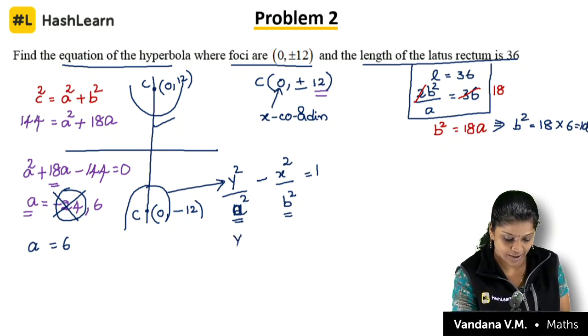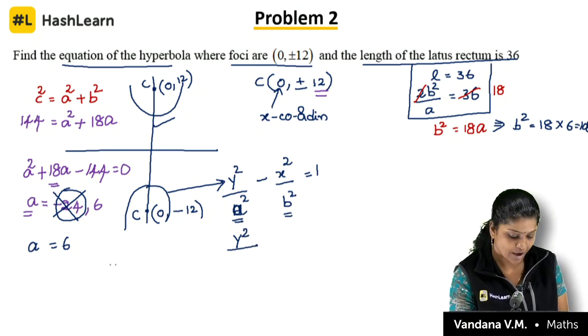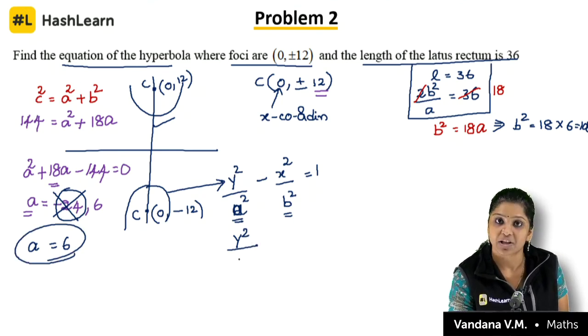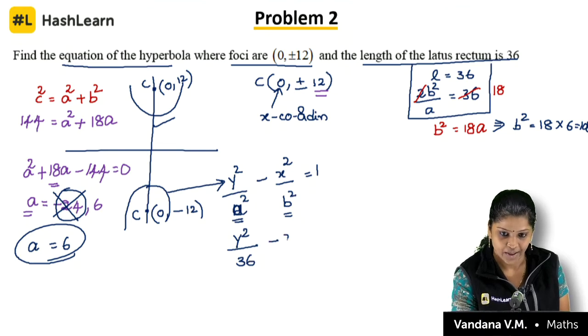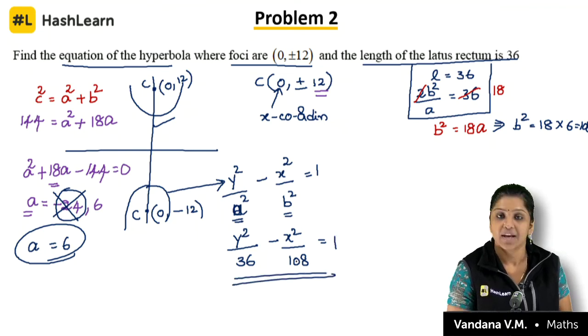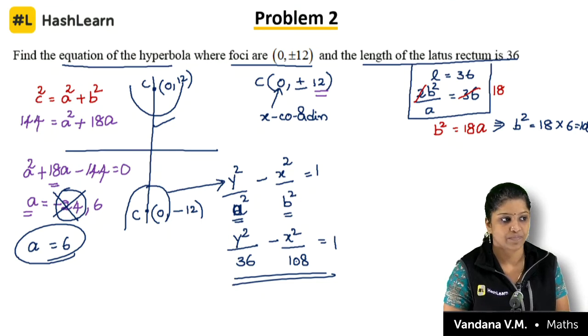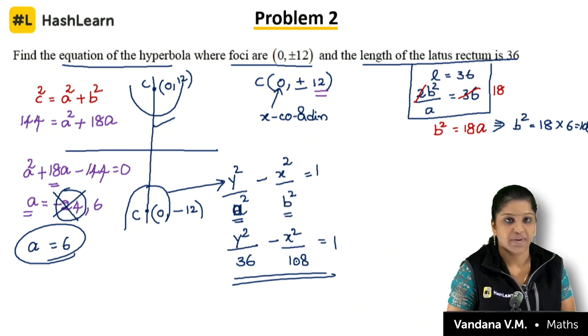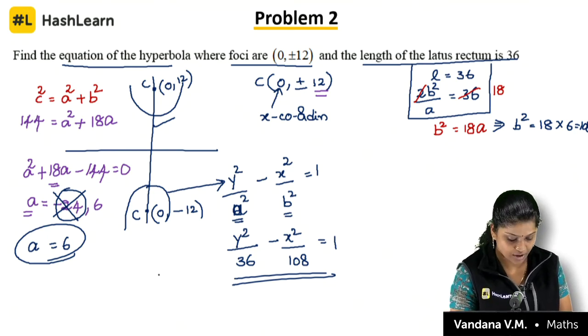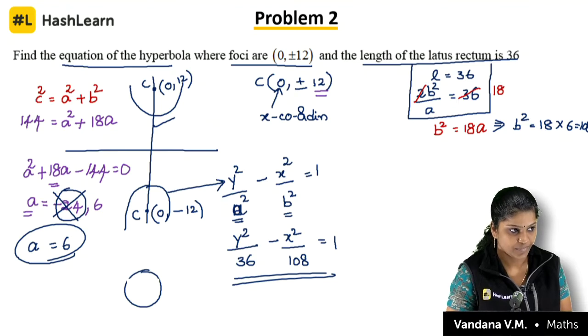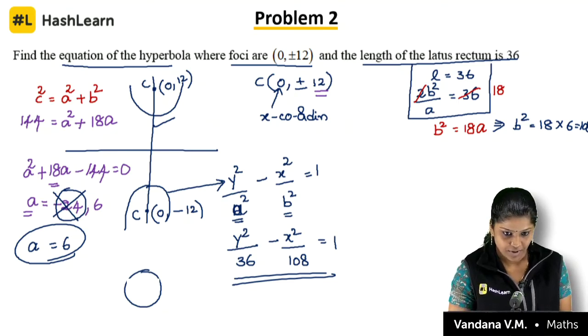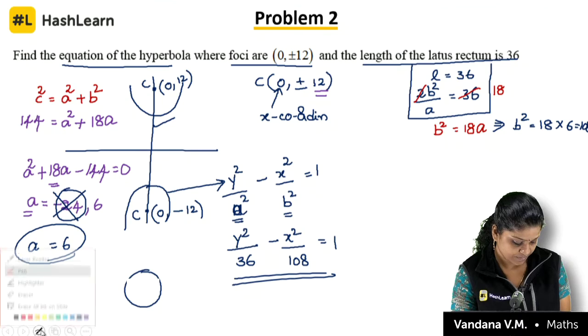Just substitute the value: y square by a square. I know the a value. 6 square is nothing but 36, minus x square by 108 is equal to 1. This is your equation of a hyperbola. Clear, children? Any doubts? Yes. Are you people also having this symbol? Okay, fine. Next.